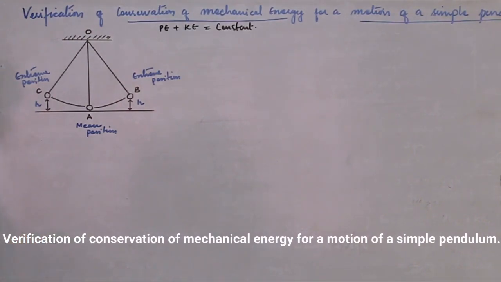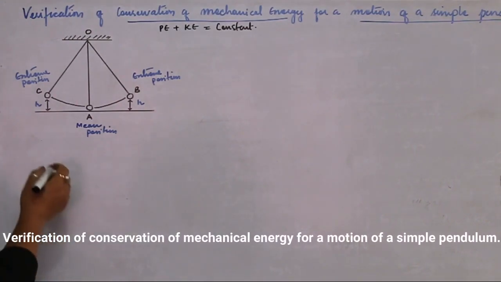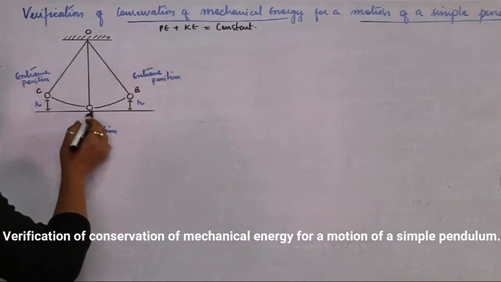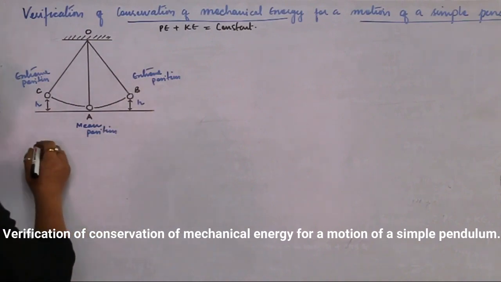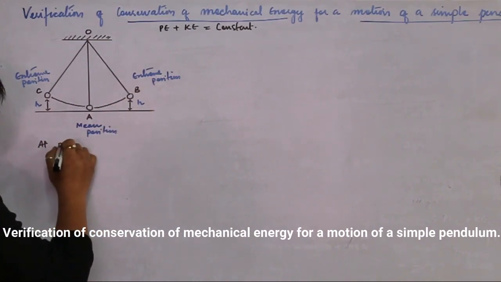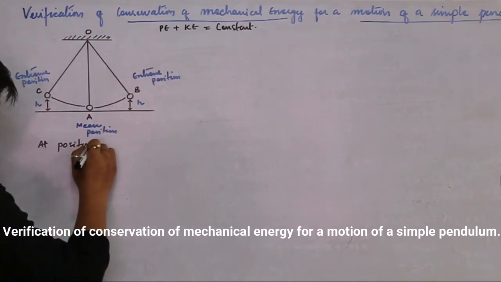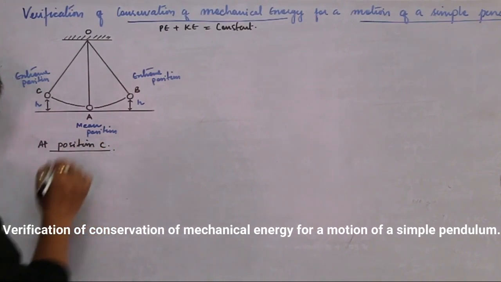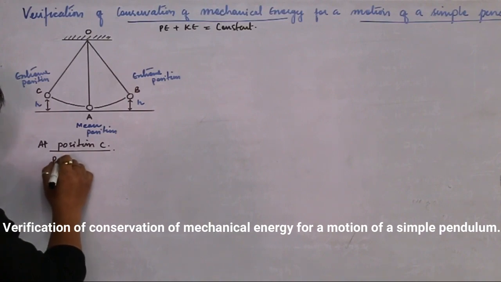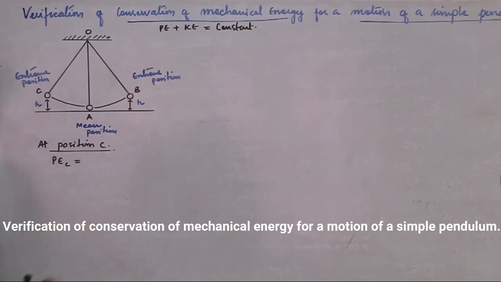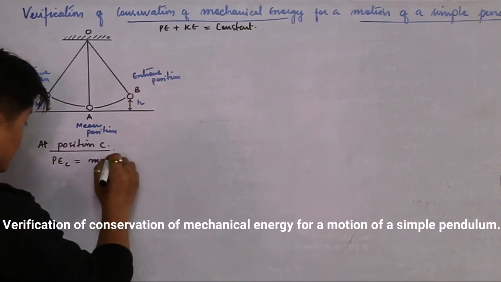To verify this, let's find the sum of potential energy and kinetic energy at positions C, A and B. So at position C, potential energy at C is equal to how much? mgh.